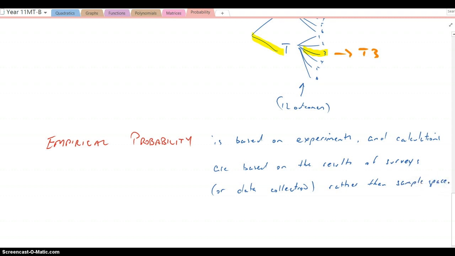Okay, so what is the probability that the Sydney Swans will win this weekend? Well, it's highly probable, given that they're a very, very good side. But we can't say that the sample space is 20 and they've got 15 chances of that 20 winning. It's not like rolling a 20-sided die. This is an example of empirical probability.